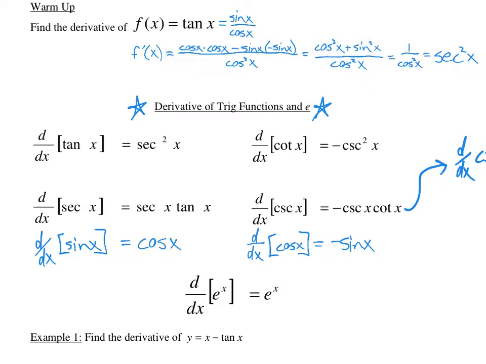So there's another connection that'll help you remember which ones go together. The tangent and cotangent end up being something squared, whereas the secant and cosecant end up being a product of two different trig functions. That's another connection that might make this easier to remember.